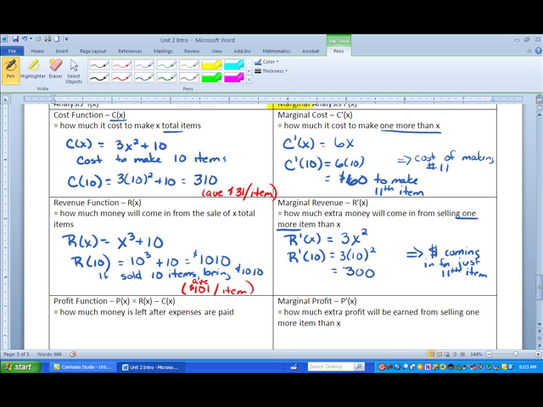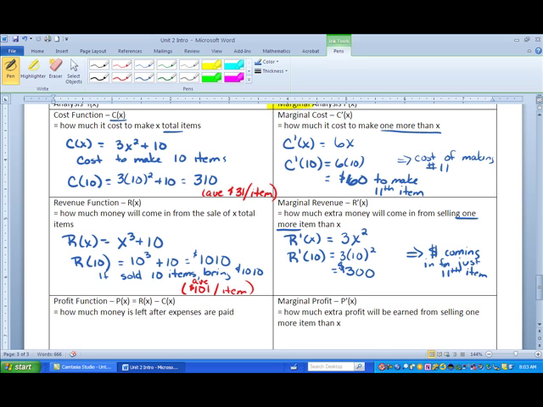So why might this happen? Think about the Wii system and how much people were willing to pay for that Wii. So I only made 10 Wiis and I sold all 10. And the word got out that everybody has to have a Wii. So you make one more.